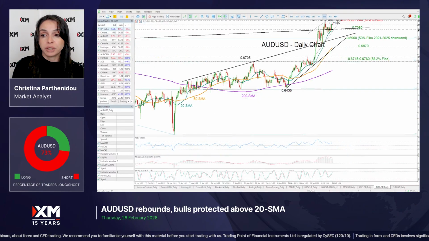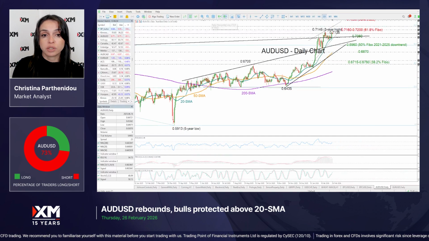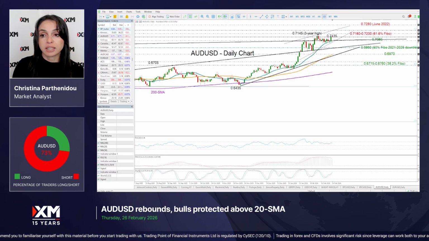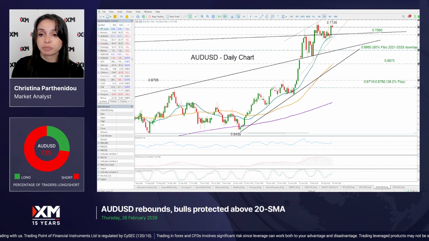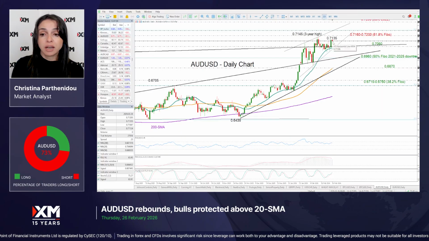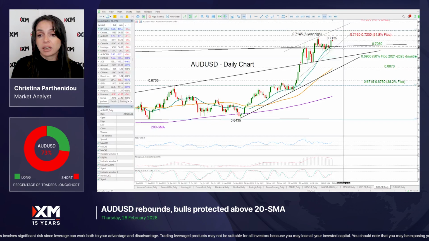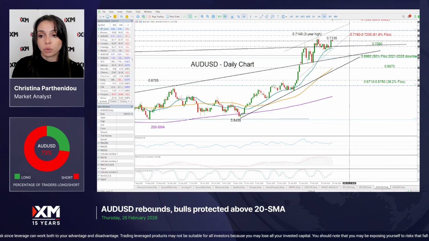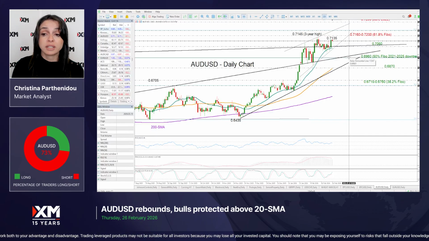That could be a critical territory, and once we surpass this, the rally could expand towards the June 2022 high of 0.7280. Now, in the event downside pressures persist and a break below 0.7060 and beneath the 20-day moving average happens, then we may see a steeper decline towards the 0.6960 region, where the 50% Fibonacci mark is located.